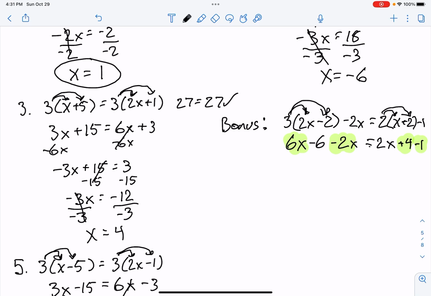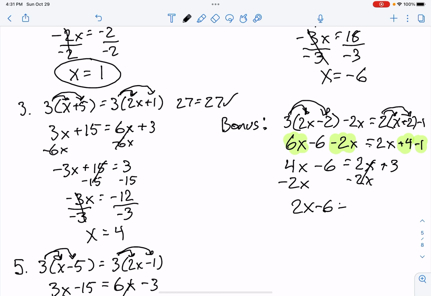So 6x minus 2x's is 4x, and my minus 6 is left alone. And 4 minus 1 is 3, so 2x plus 3. We're now going to gather our variables, so minus 2x and minus 2x. 2x minus 6 equals 3.